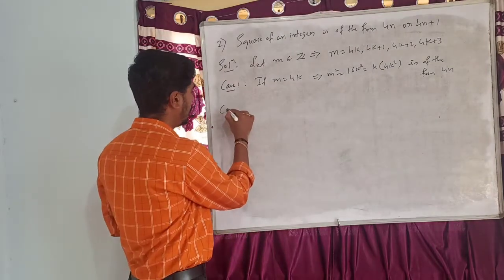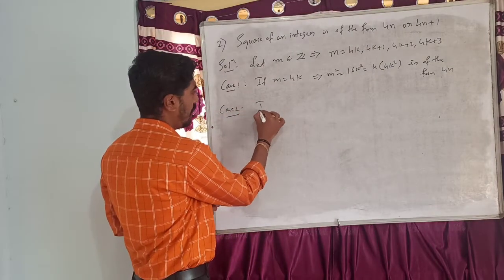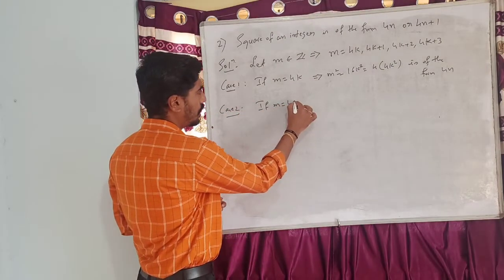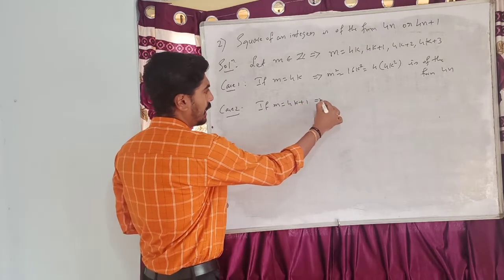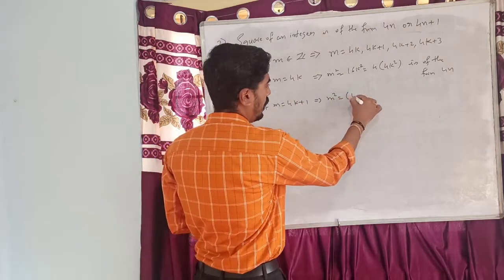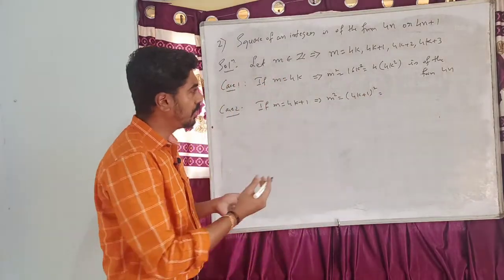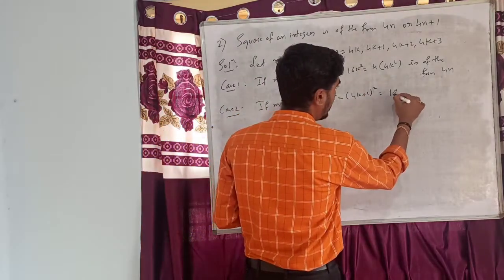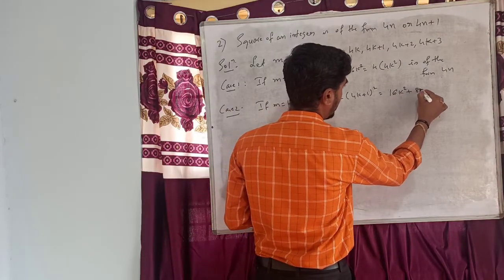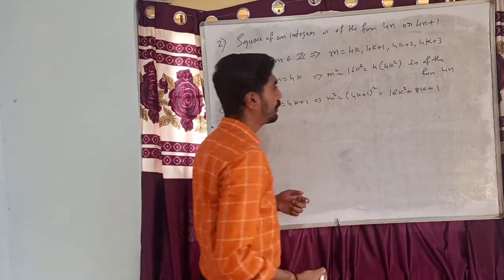Next, if m is equal to 4k plus 1, then m square will be equal to 4k plus 1 whole square. If I expand this, I get here 16k square plus 8k plus 1.